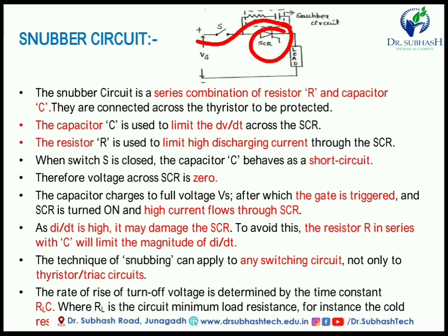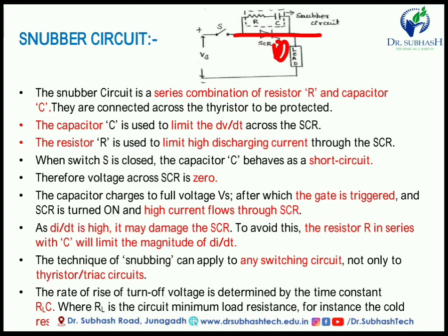The capacitor charges fully to Vs volts. After the gate is triggered, whenever we apply a gate trigger current, the SCR turns on and high current flows through the SCR. Whenever we apply a signal at the gate, the SCR turns on and allows current to pass.